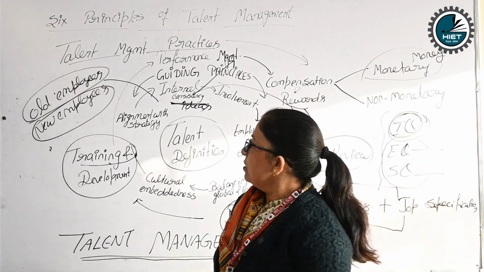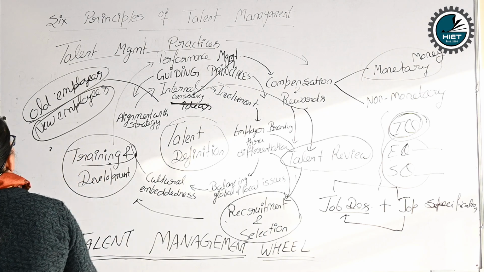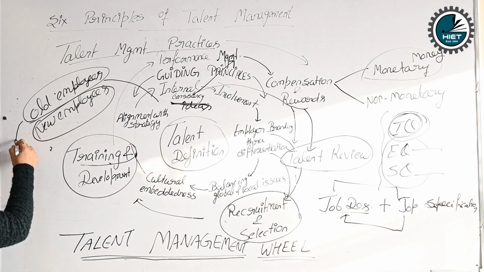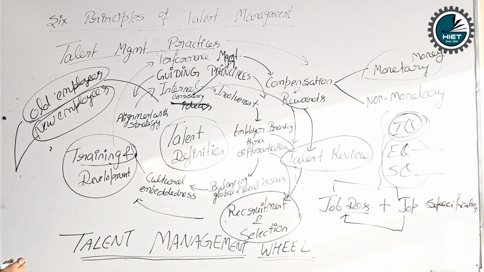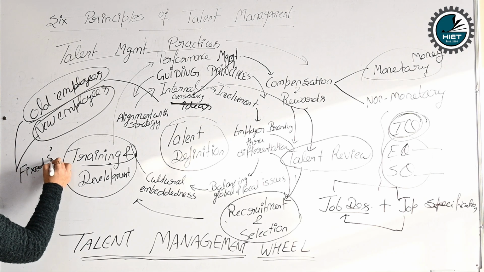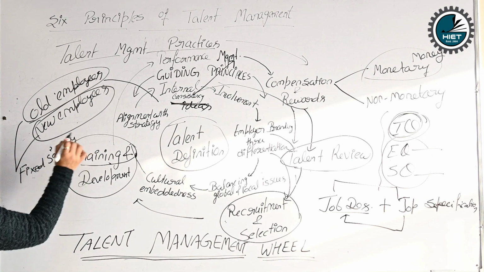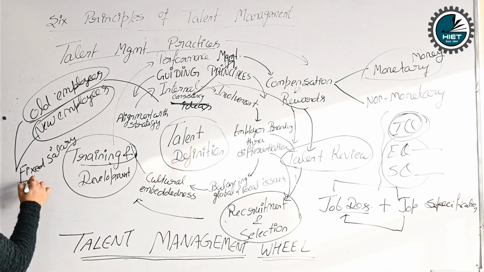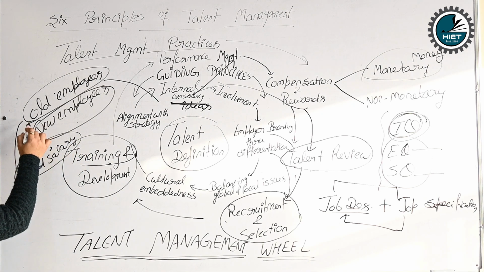Why is it so? Why are they getting a lesser amount than the new employees? See, what happens is, in this context, old employees and new employees both have their fixed salary. So fixed salary will always remain the same for them.